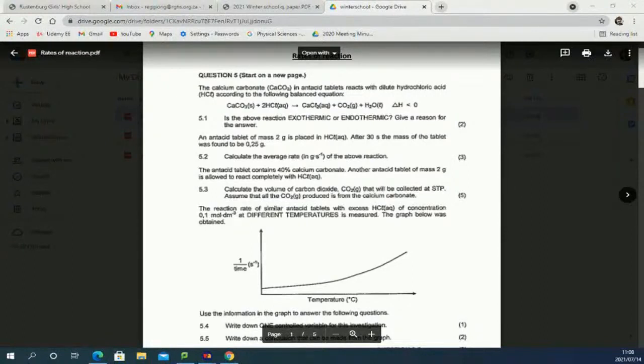The antacid tablet contains 40% calcium carbonate. Another antacid tablet of 2 grams is allowed to react completely with HCl. Calculate the volume of carbon dioxide that will be collected at STP.